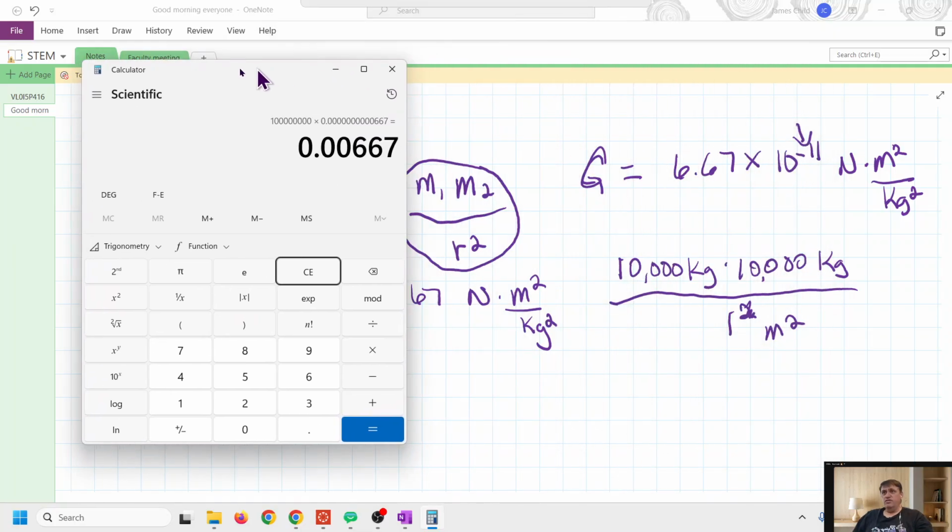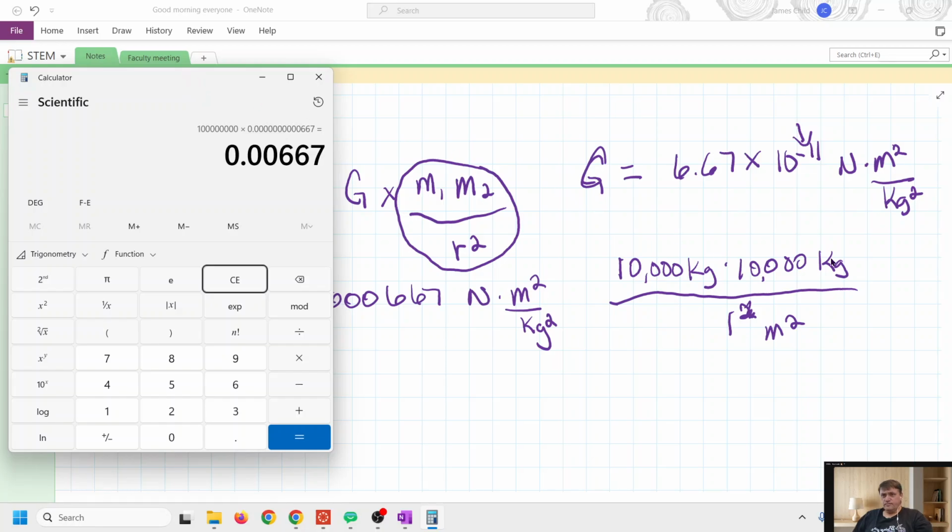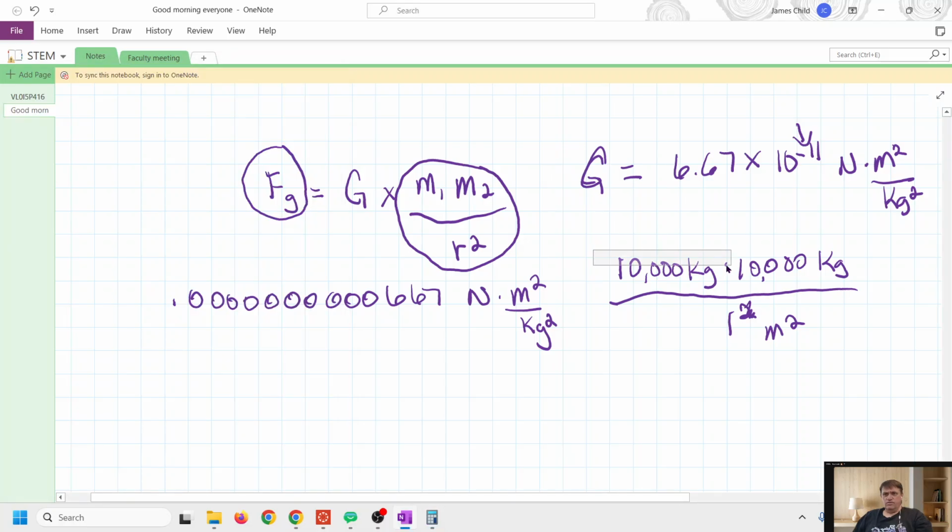But the other thing you should notice is that because this right here is multiplied, as I increase my weight or my masses, I increase the force, right?